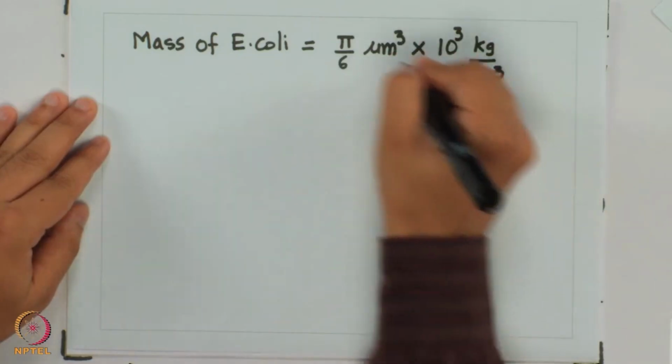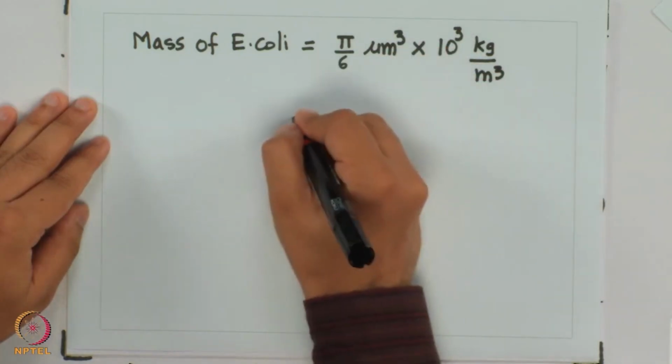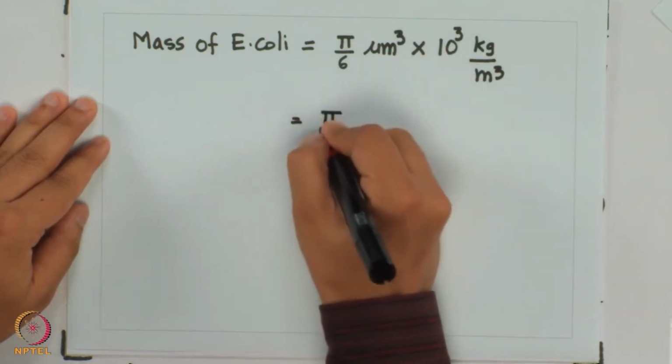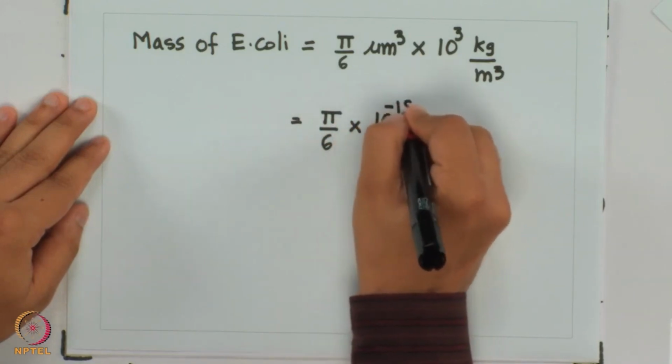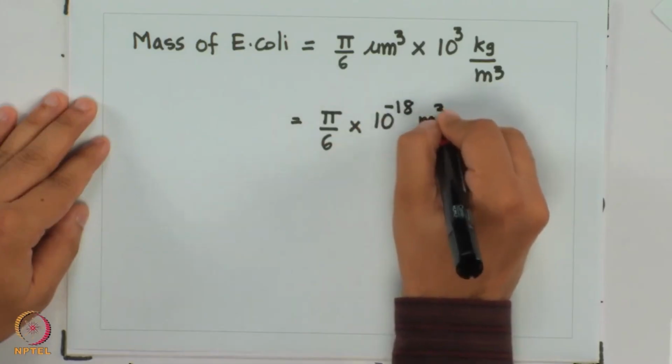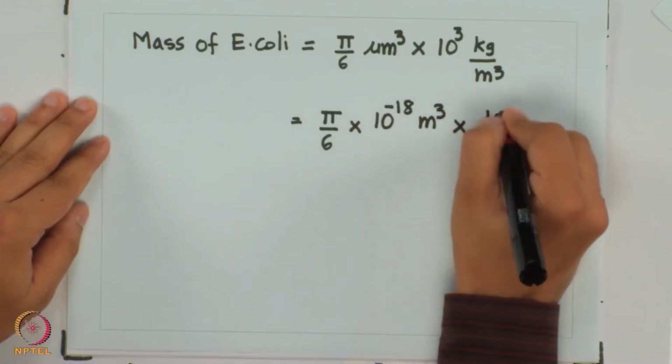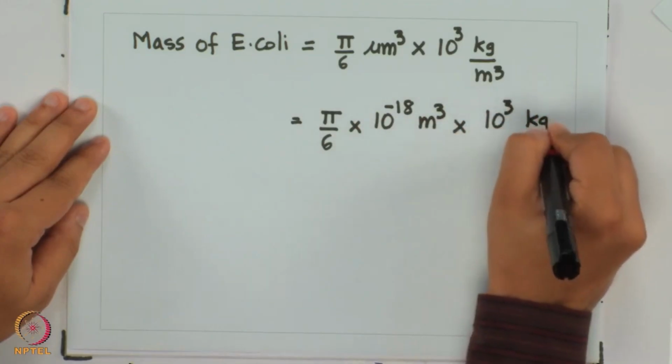Now we want to make the units identical so we can cancel them, and we can do that by doing pi by 6 into 10 power minus 18 meter cube times 10 power 3 kg per meter cube.